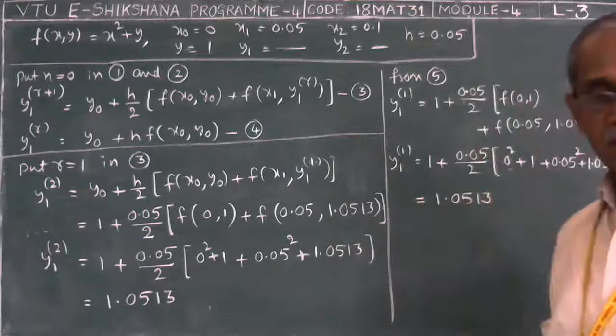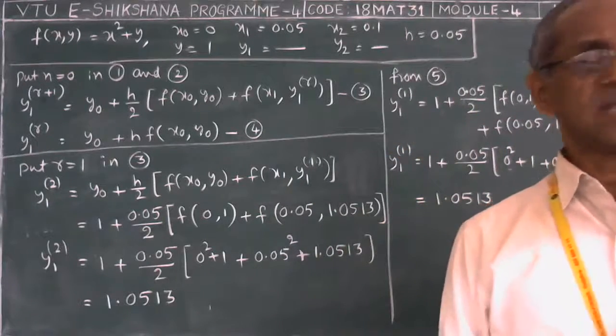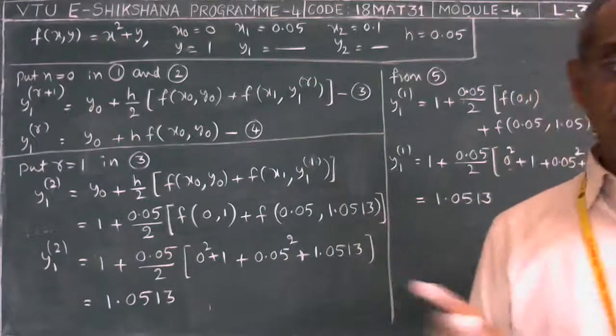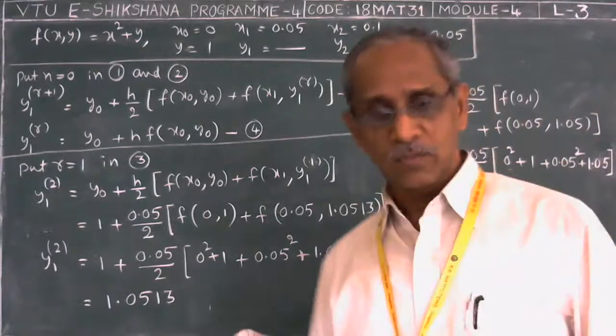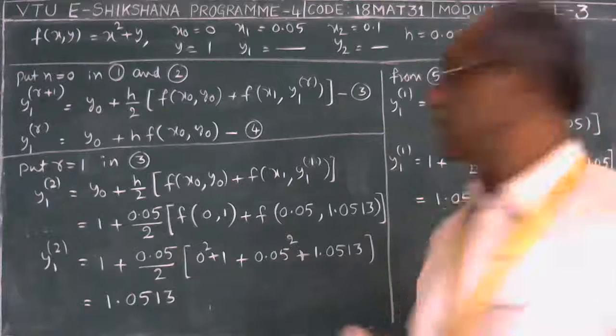So when two successive iterates are the same up to the desired accuracy, 4 decimals or 3 decimals, whatever is specified in the problem, we conclude that the value of y at x is equal to x1, that is y1, is 1.0513.